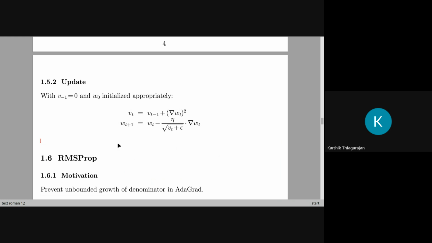So what is the issue with this update? First of all, how is it different from gradient descent and its cousins? The effective learning rate is changing, adapting.